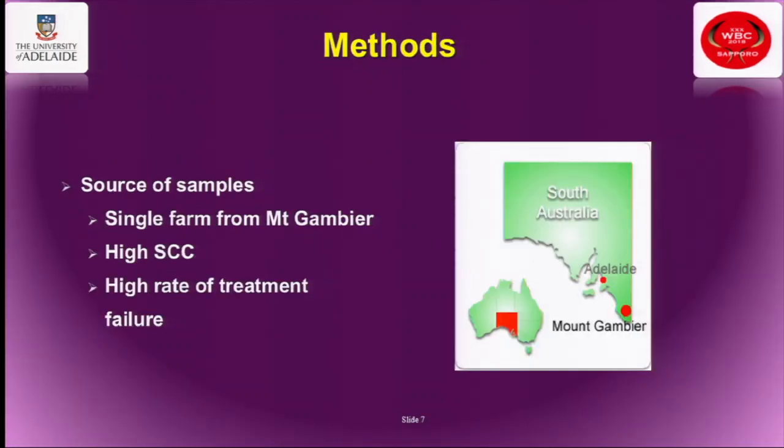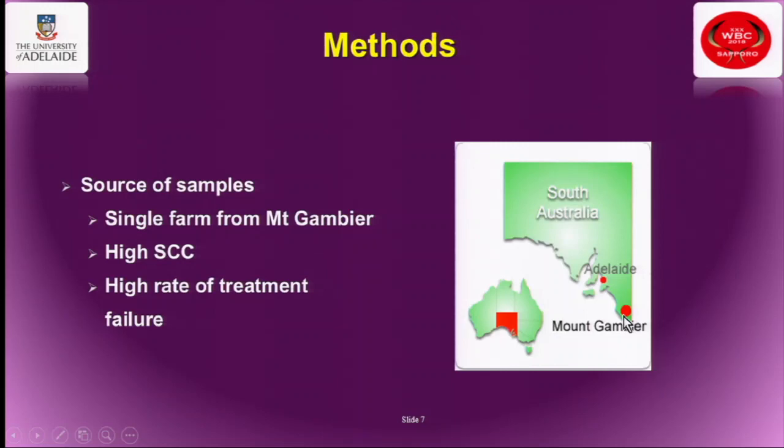For that, a total of 368 milk samples were collected at individual cow level from a single commercial dairy farm in South Australia, particularly in Mount Gambier. This is the state of South Australia, and this is Mount Gambier, a beautiful city located close to Victoria State.